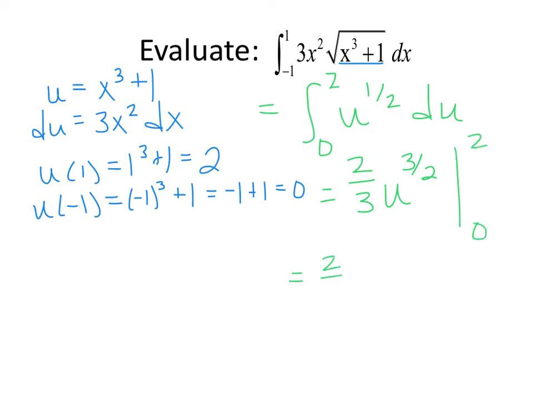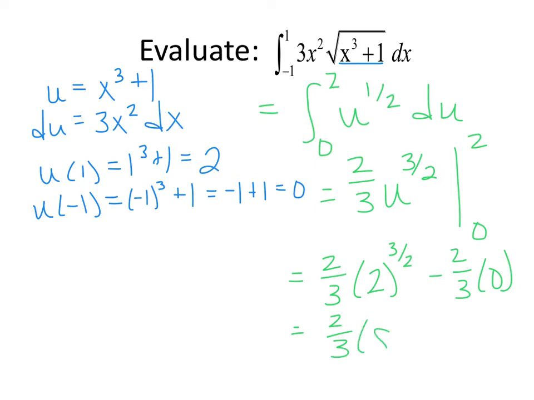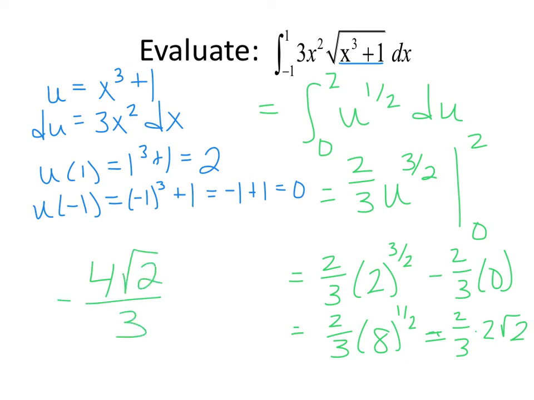So I have 2/3 times 2 to the 3/2 minus 2/3 times 0. So this is 2/3 times 8 to the 1/2. So this becomes 2/3 times 2 radical 2. So my final answer would be 4 radical 2 over 3.